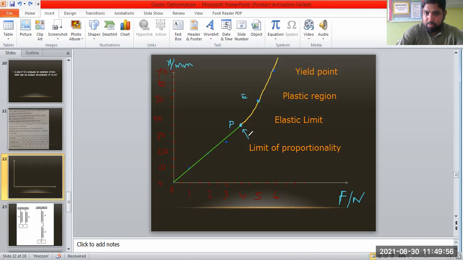ठीक है जी, तो पहले आपका limit of proportionality region आ रहा है, where both the quantities are proportional to each other, and then you are having elastic limit, जहां आप अपनी force remove करेंगे तो object will regain its shape. And then you have a plastic region. This is your plastic region.